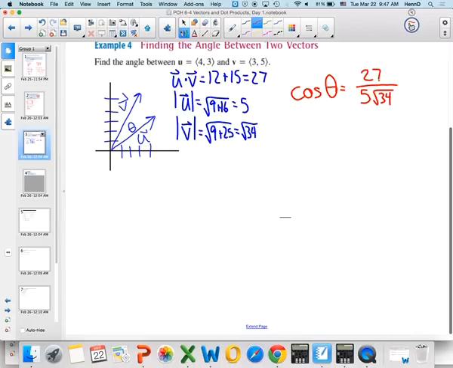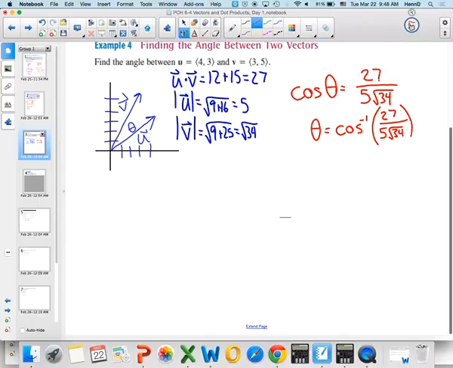So how are we finding theta here? Inverse cosine. So theta is the inverse cosine of 27 over 5 root 34.